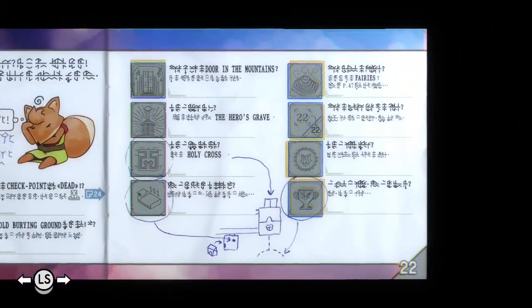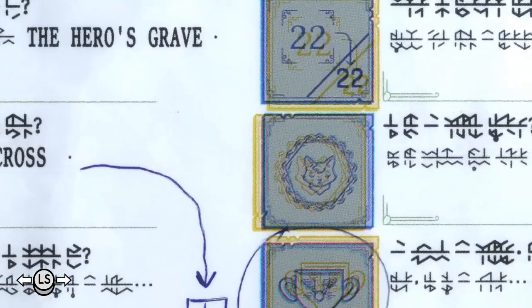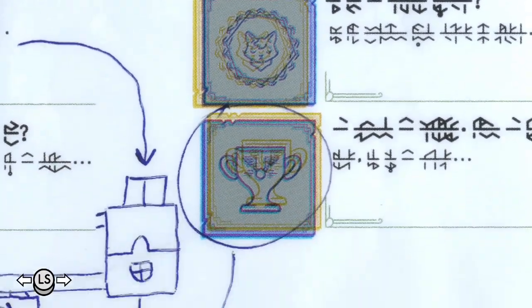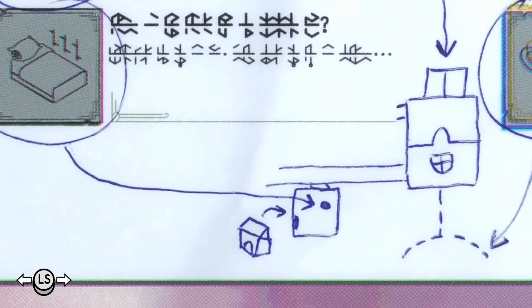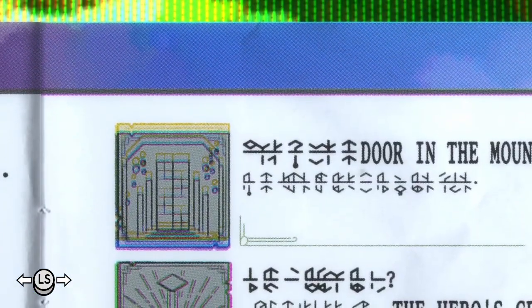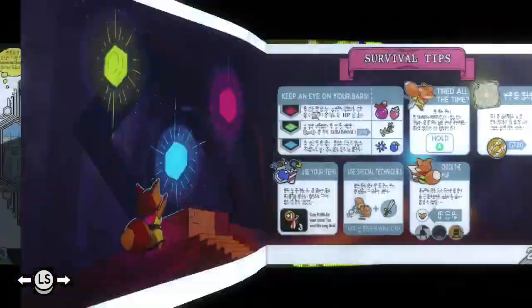Now, what's strange about page 22? There's all these pictures that look like they're kind of misprinted. We've got some notes penned in. Was this the right page?